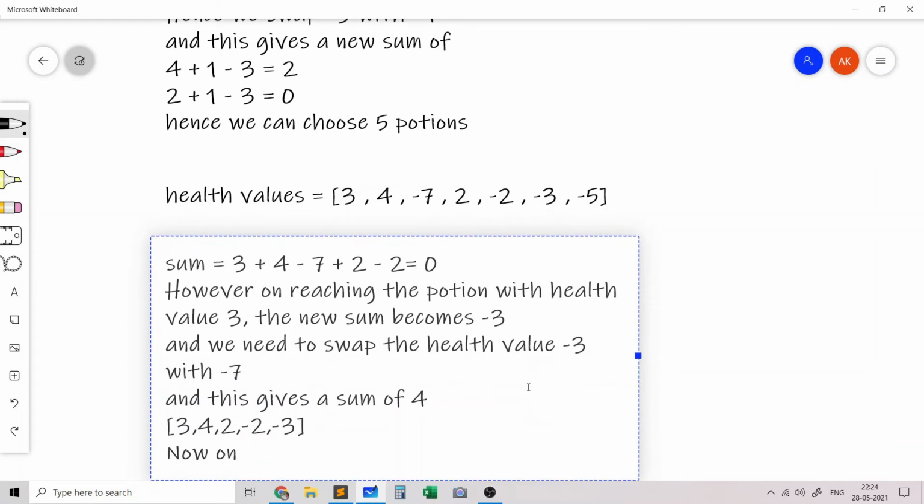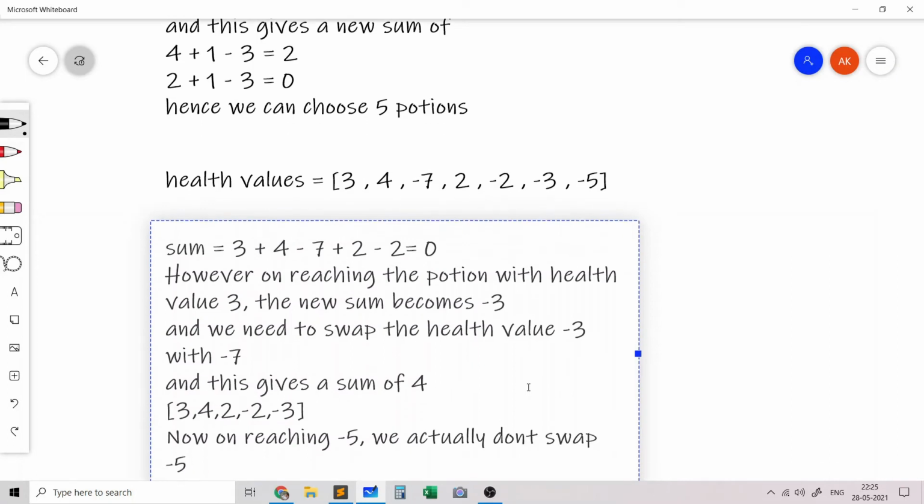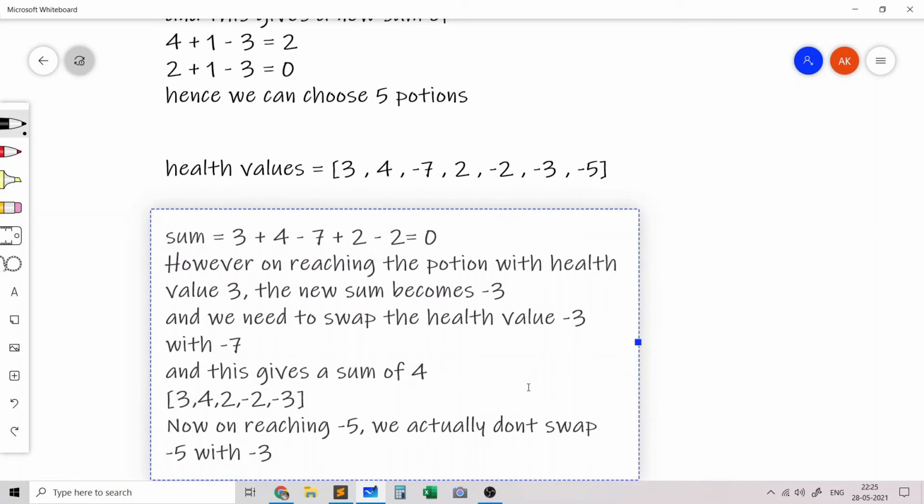Now on reaching minus 5, we actually don't swap minus 5 with minus 3, and this is because minus 5 is less than minus 3, and that's the second key idea.